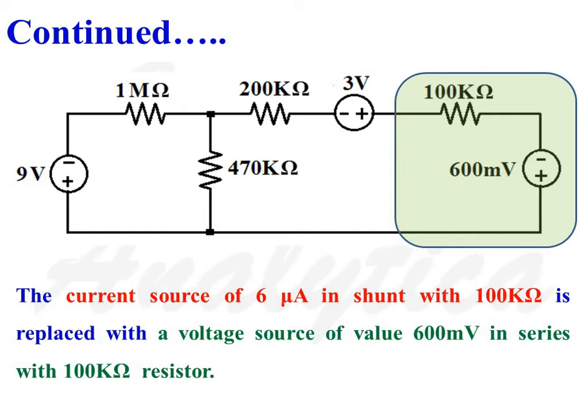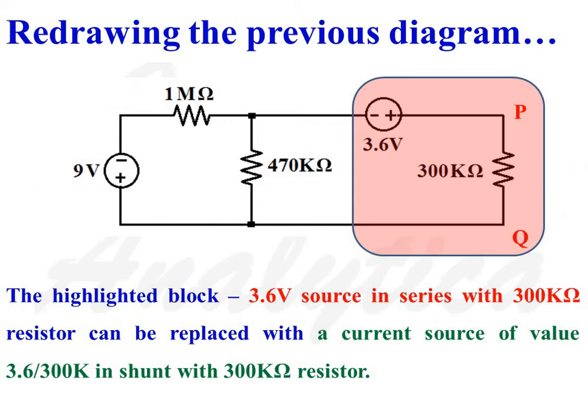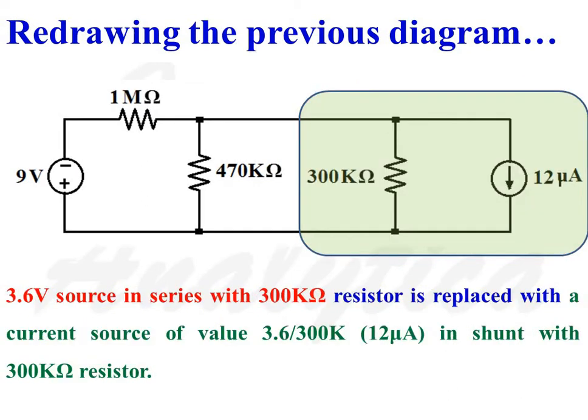The circuit becomes like this. 3.6 volt source is in series with 300 kilo ohms resistance, which can be replaced with a current source in shunt with 300 kilo ohms resistance. Value of the current source is equal to 3.6 divided by 300k. A current source of value 12 microampere in shunt with 300 kilo ohms resistance.